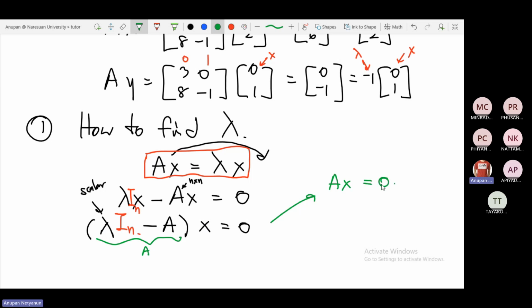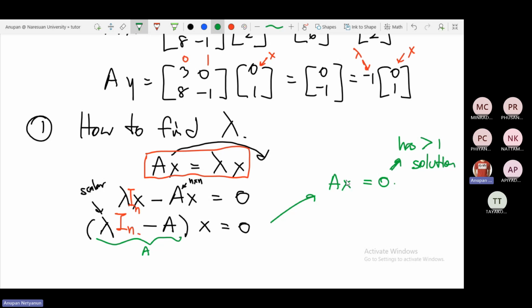The 0 vector is a solution of this system, but you want other vectors besides the 0 vector. This means the system has more than one solution, right?